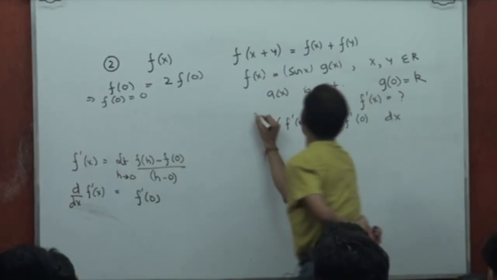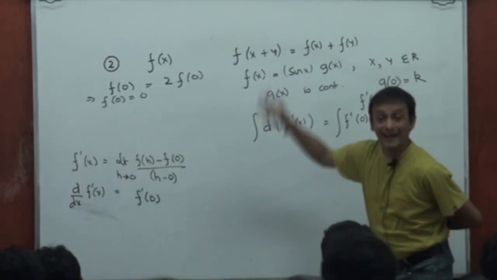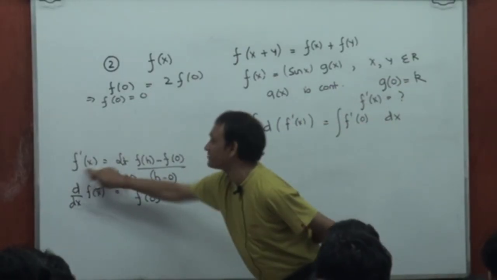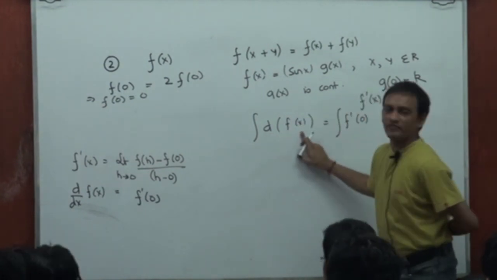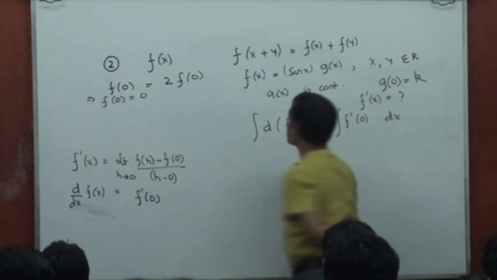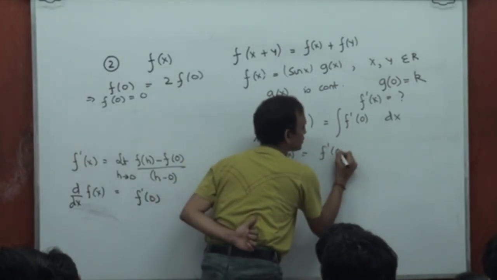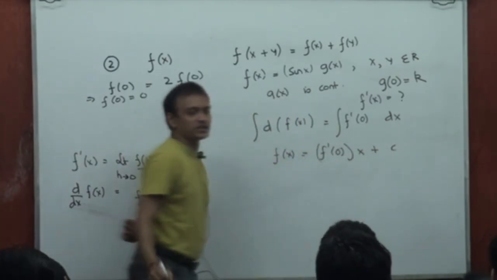Right? Integrate both sides. Sorry, this is d of f(x), since f dash x is d/dx of f(x). Integral d of f(x) will simply be f(x), and the right hand side is f dash 0 into x plus a constant of integration.